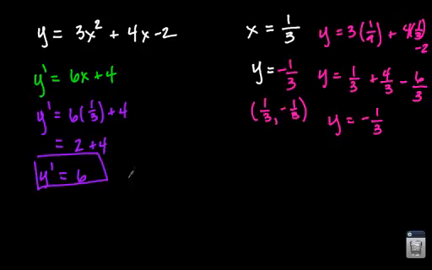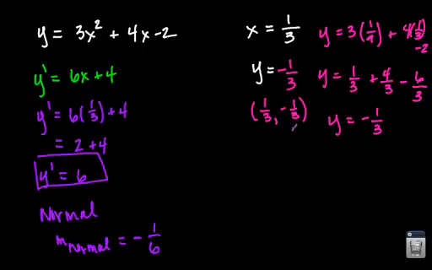Since I'm writing the normal equation, I need to find the perpendicular of 6, which means the normal slope is the opposite reciprocal, because the normal is perpendicular to the tangent. So my new slope is negative, because this is positive, 1 over 6, because that's the reciprocal.